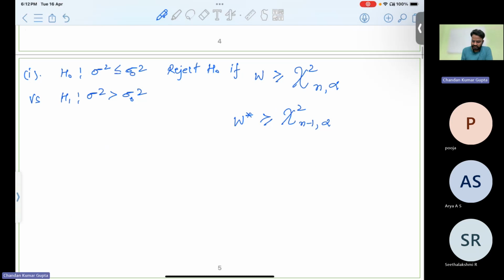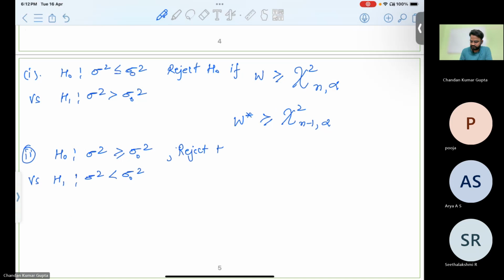Again, in a similar manner, if the hypothesis is defined as sigma square greater than or equal to sigma naught square, versus the alternative hypothesis sigma square less than sigma naught square, then again reject H naught if our W is less than or equal to chi square with n degrees of freedom at 1 minus alpha level of significance.